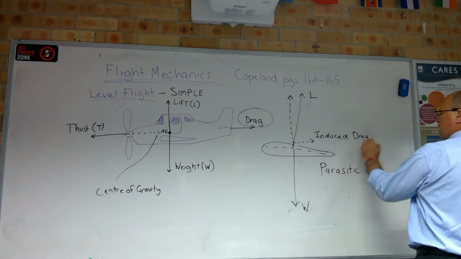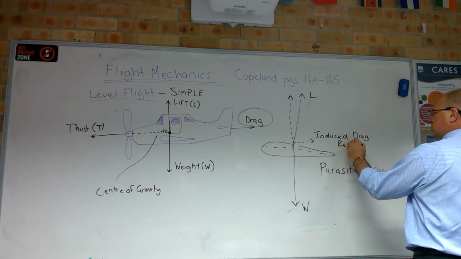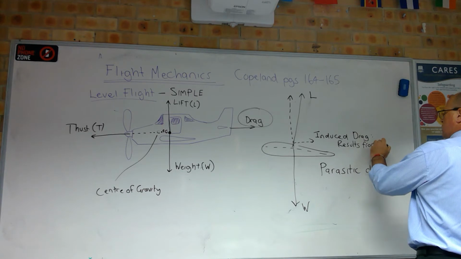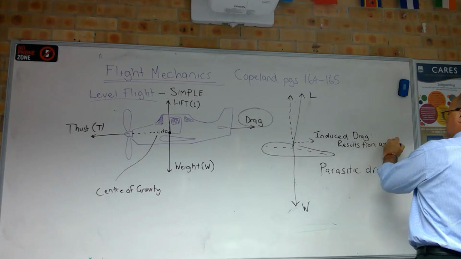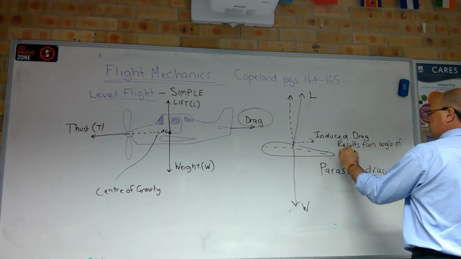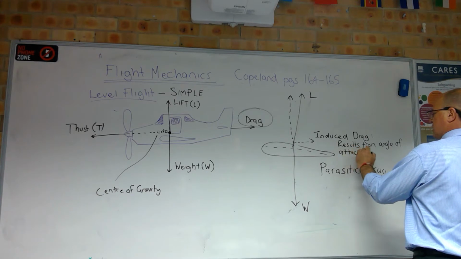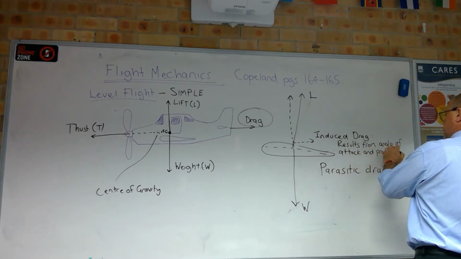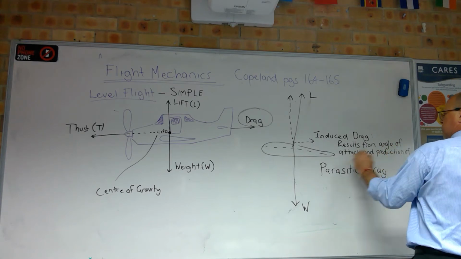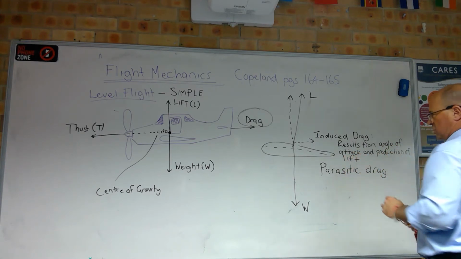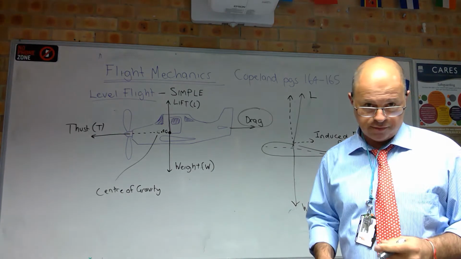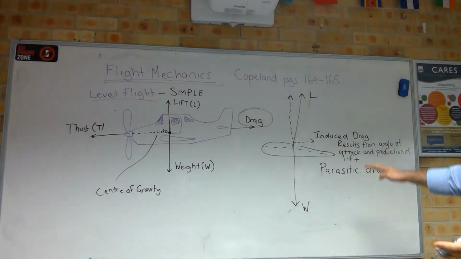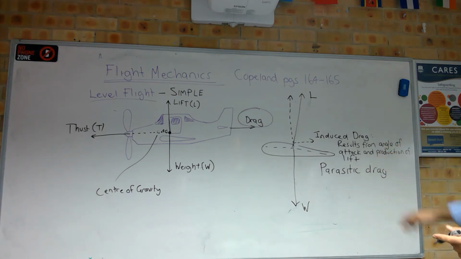So induced drag results from angle of attack and production of lift. You can't have lift without induced drag. You try and reduce it as much as possible, but induced drag results from the generation of lift.